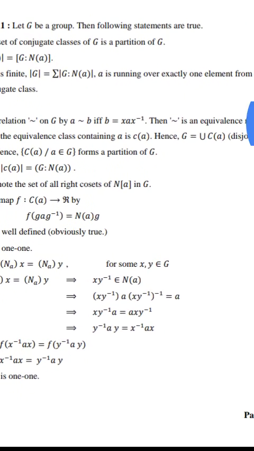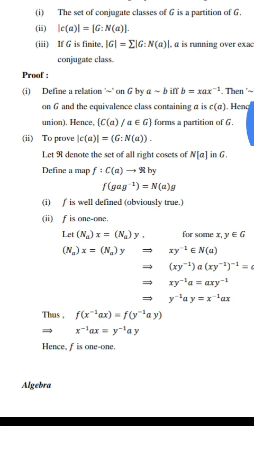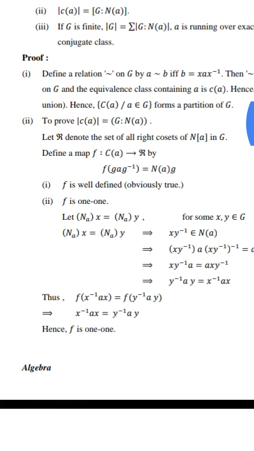Hence G is the disjoint union of the C(a). Hence the C(a), a belonging to G, form a partition of G. Now we have to prove that the cardinality of C(a) is equal to the index of N(a) in G.